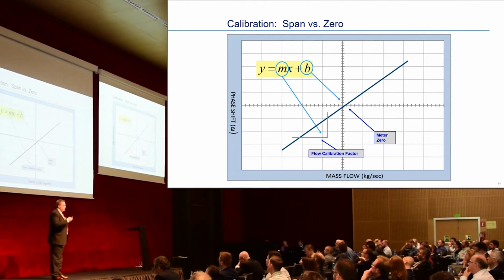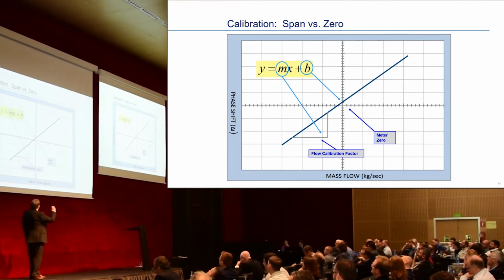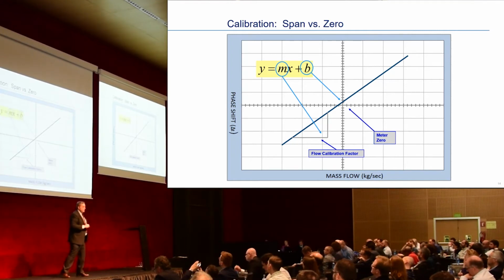And if you have variation in the meter zero, it essentially has this effect on the relationship between mass flow and the phase shift. The thing to note about that is that meter zero shifts have a large impact on the percentage flow error down here in the range where there's very little flow. But as soon as you get up into this region where there's a lot of flow going on, as a percentage of flow, zero errors have a very small effect.